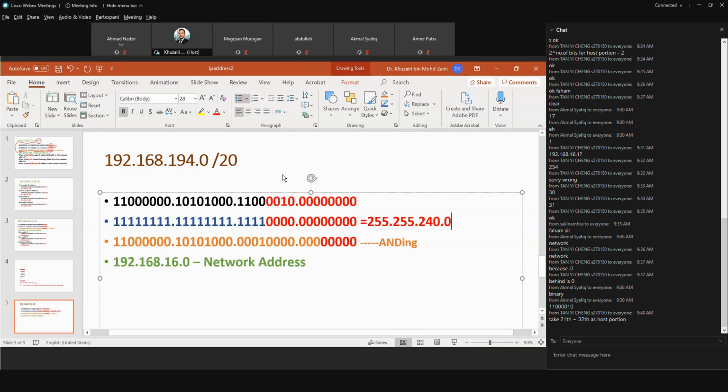So when you do this AND operation, you'll get 1, 1, 0, 0. Third octet. So it becomes 1, what? 192, right?